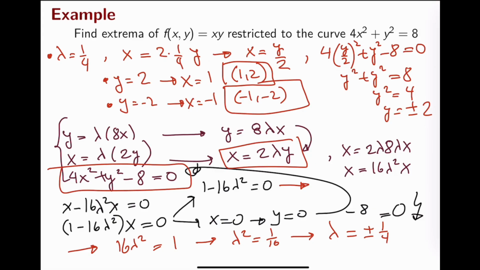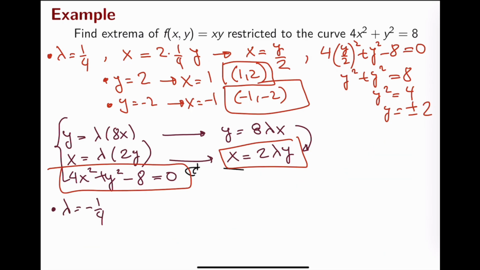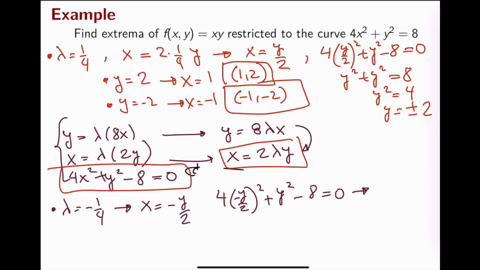So now let's continue to see what happens when lambda is equal to minus 1/4. If lambda is equal to minus 1/4, then x is equal to minus y over 2, and the same as before, when we substitute this, because the minus goes inside of the square, there is not going to be any difference in the equation, right? So we're going to get again y equals plus minus 2.